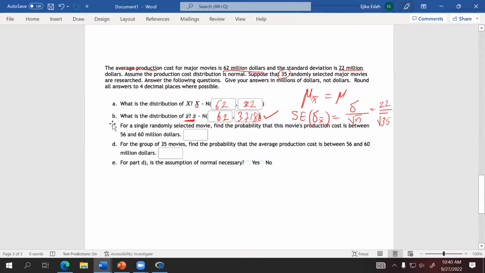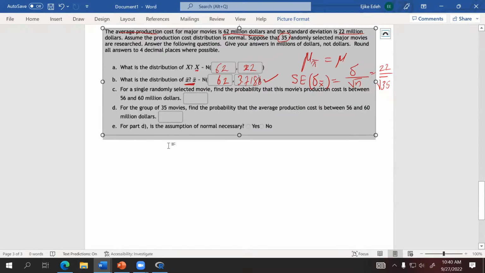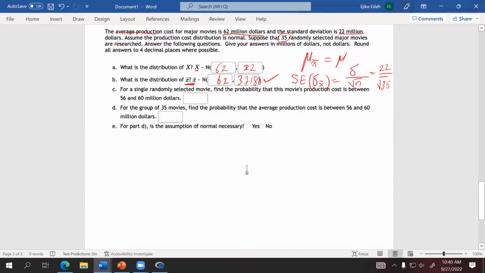And question C says, we're just going to stop at one of them because of time, but this is what we've been doing all through today, so it doesn't change, right? For a single randomly selected movie, find the probability that the movie's production cost is between this and this.